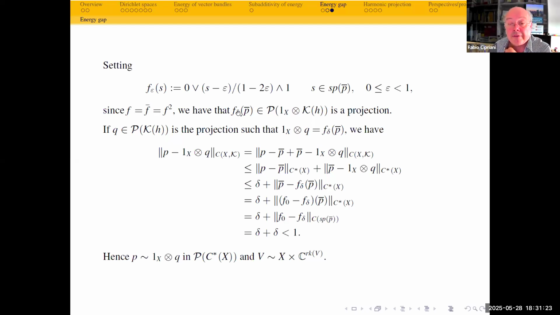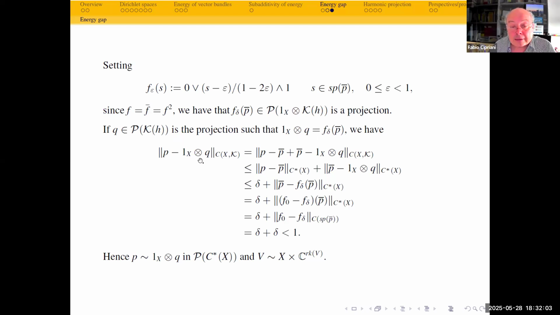So computing the function f delta, with epsilon equal to delta, of P bar, we have a projection, essentially a constant projection over x. Precisely, this element of this tensor product can be written in this way by a projection Q of K of H.